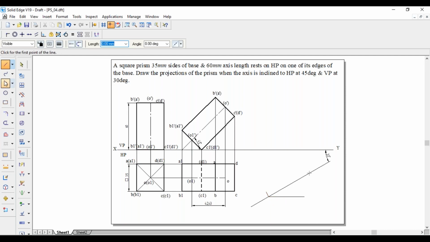Now from the same center, draw another arc of 42.43 mm as radius.